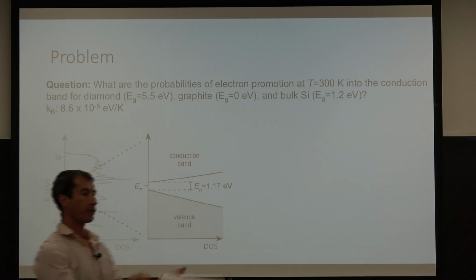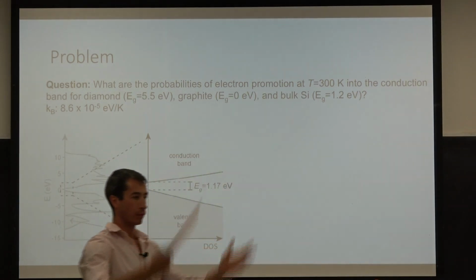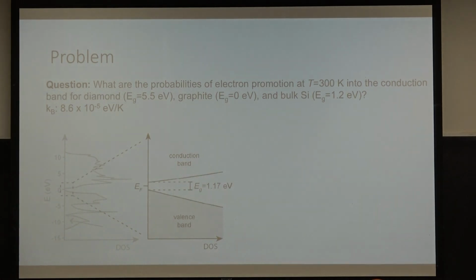You have more energy in the system and therefore it's more likely to move up into the conduction band. So what we're given is the band gap, and we need this, and we need this, in order to calculate this.